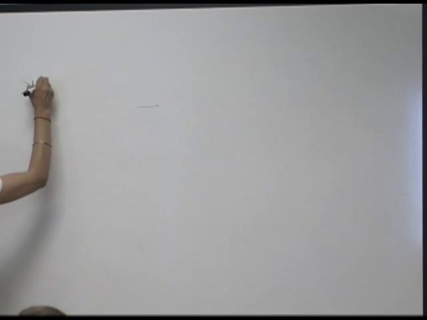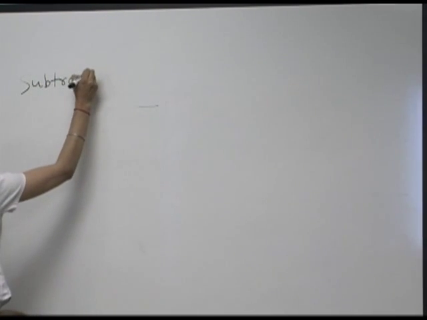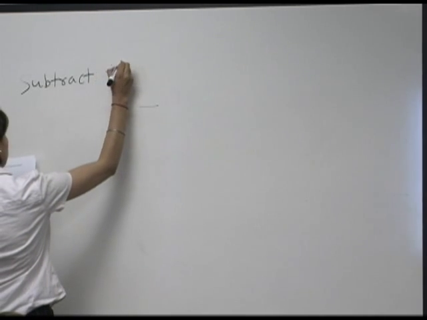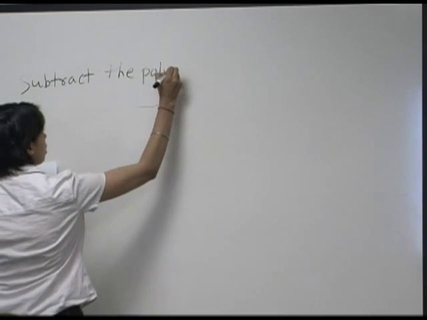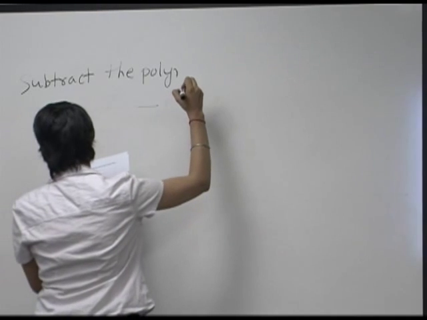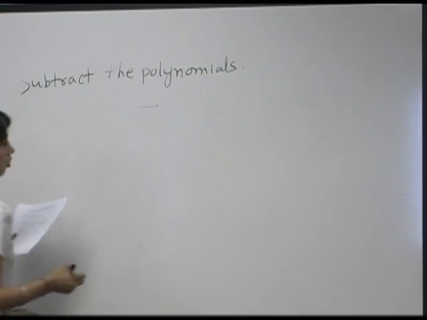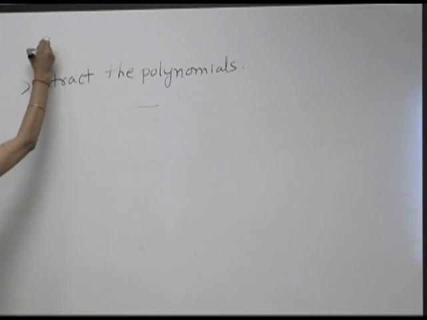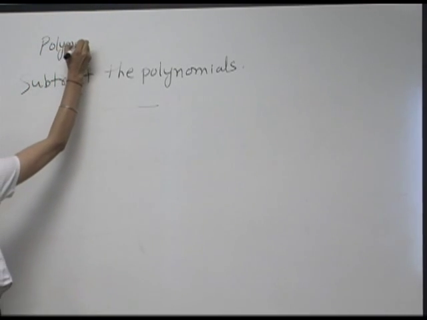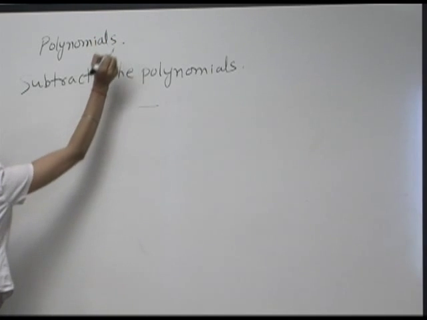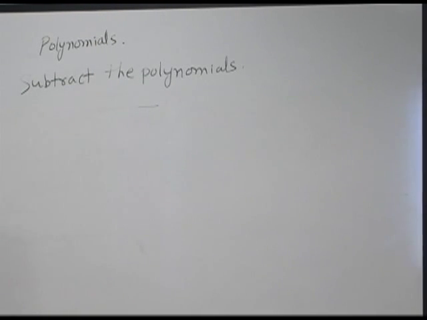Alright, next type is subtract the polynomials or multiply. They can ask you anything, subtract the polynomials. So basically we're going to see different types based on polynomials.